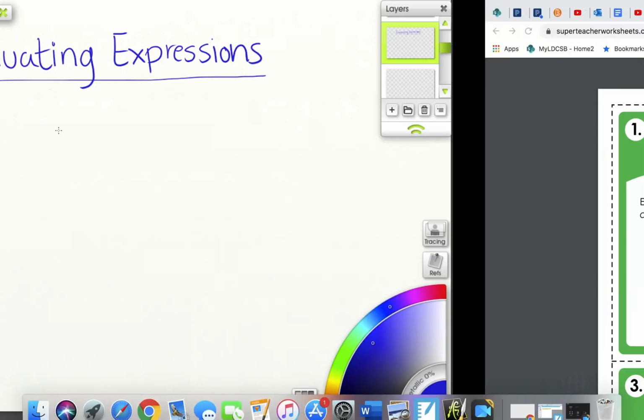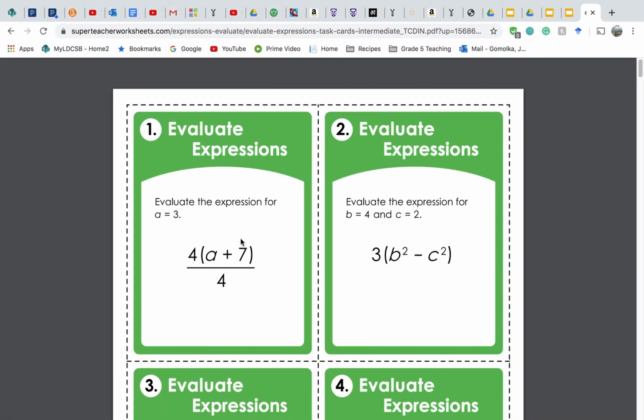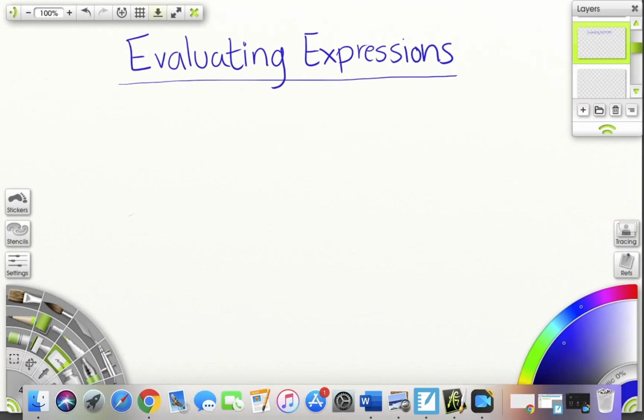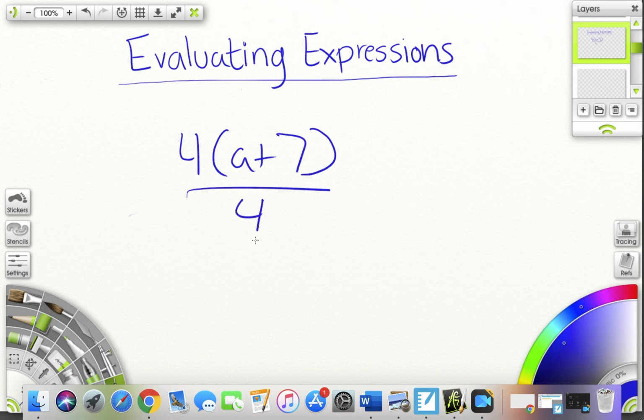So our first one is evaluate the expression 4 bracket a plus 7 bracket over 4, where a equals 3. So let me write out this problem: 4(a plus 7) over 4, and a equals 3.